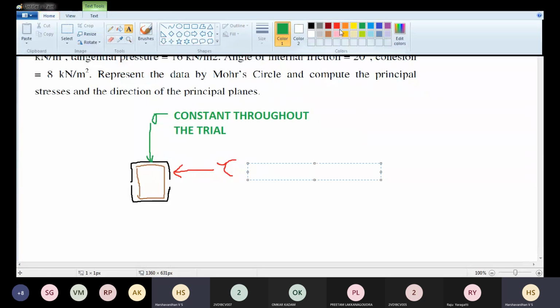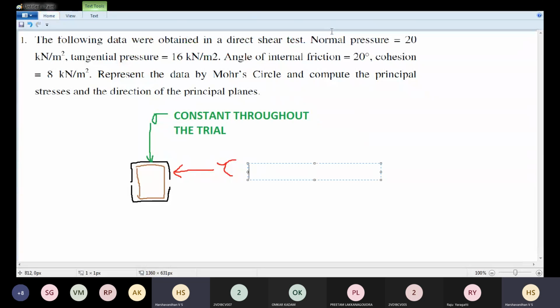Now the shear force we are increasing from 0 to failure.